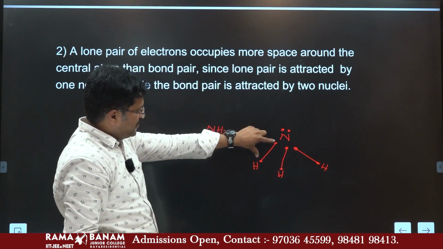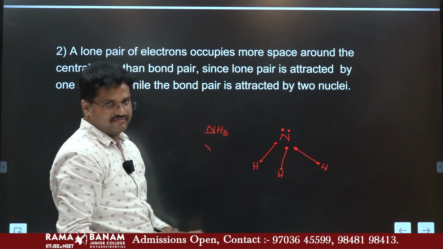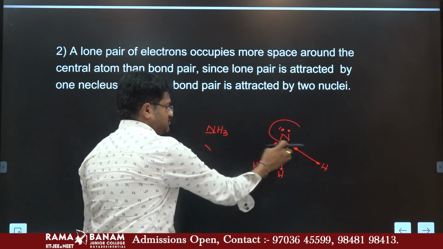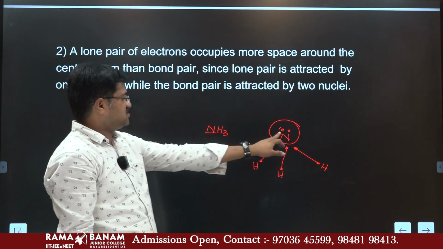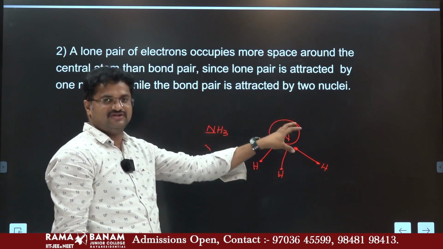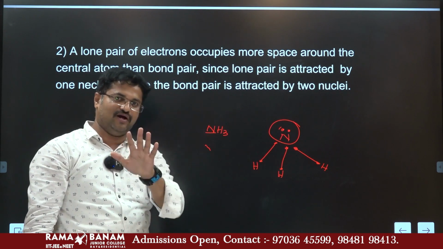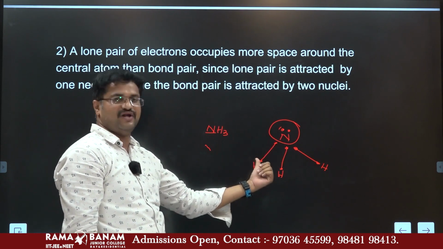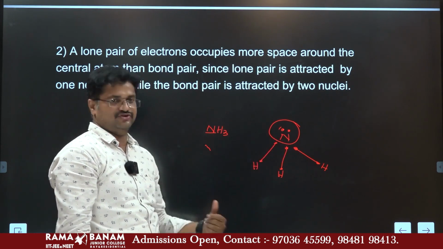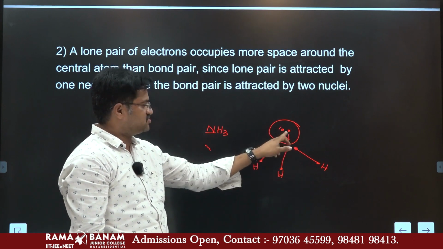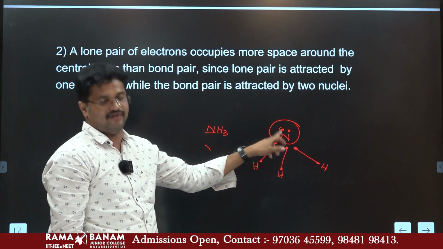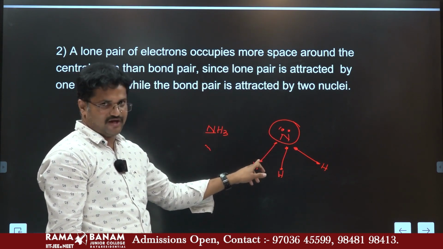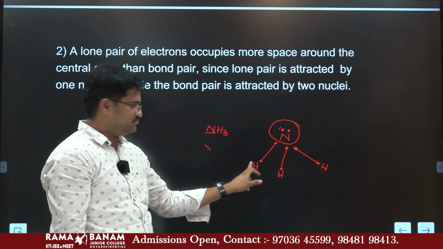The shared pair belongs to both nitrogen and hydrogen, but the lone pair belongs only to nitrogen. So, the lone pair occupies more space because it belongs to only one nucleus, nitrogen, here in ammonia. But the shared pair of electrons or bond pair belongs to both nitrogen and hydrogen, both nuclei.